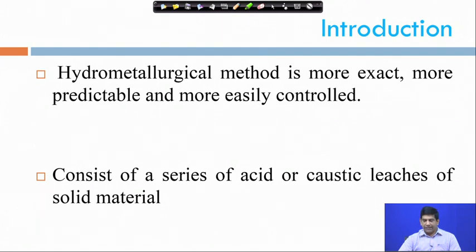It's a series of acid and caustic leaching. So essentially it's sequential leaching, a lot of leaching happening in this hydrometallurgical process. And in the process we end up producing a lot of hazardous waste as well. So we have to manage that hazardous waste, which we will see in a minute as we try to explain that.